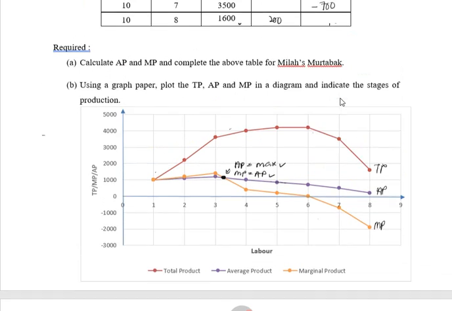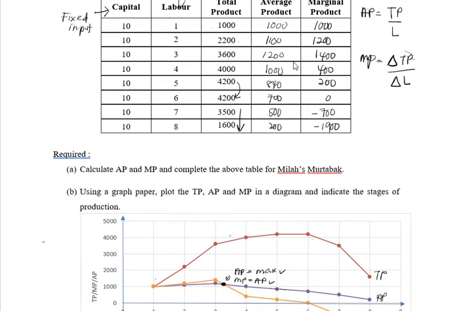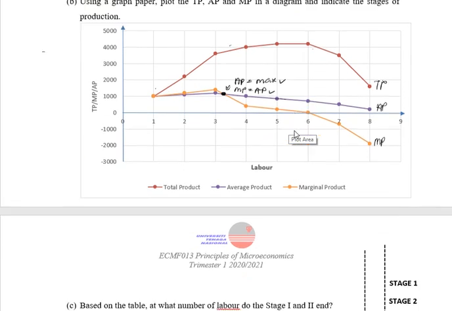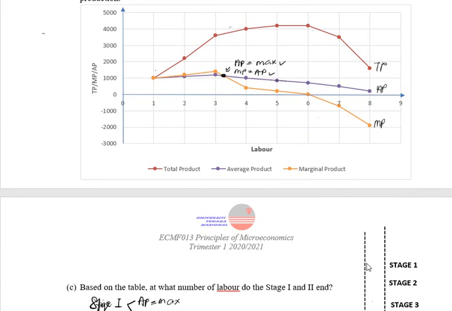If you look at this table here, average product is at maximum at this point. When you want to show the differences between the stages, or divide the graph into 3 different stages, you have to draw a line.